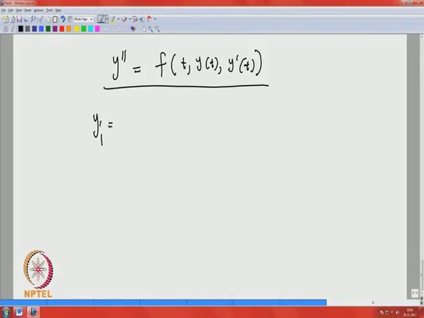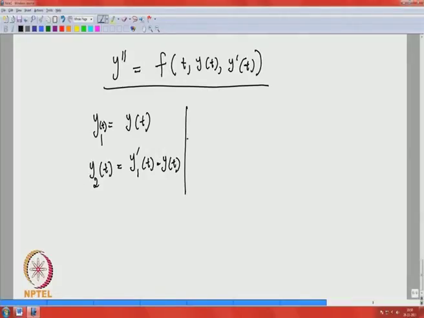I will put y1 of t equal to y of t, and I introduce another dependent variable y2, which is nothing but y1 prime of t, that is y prime of t.